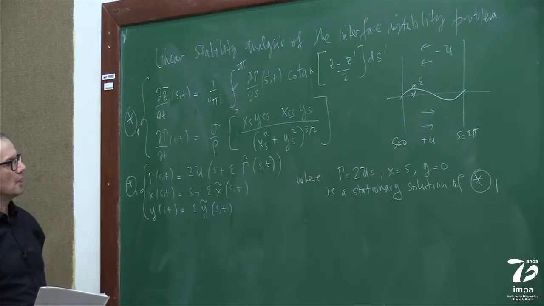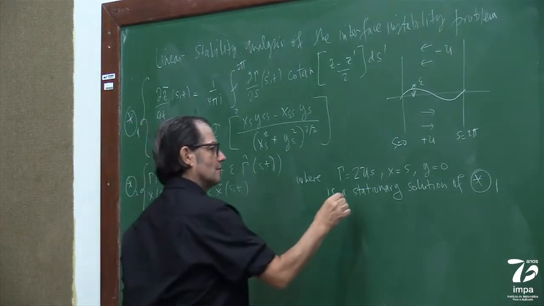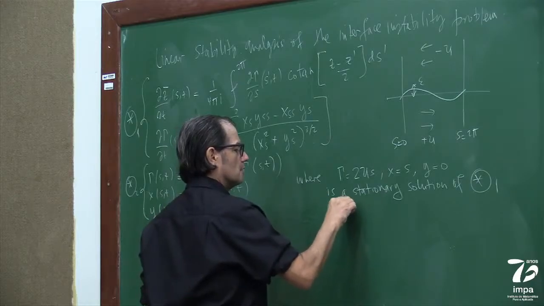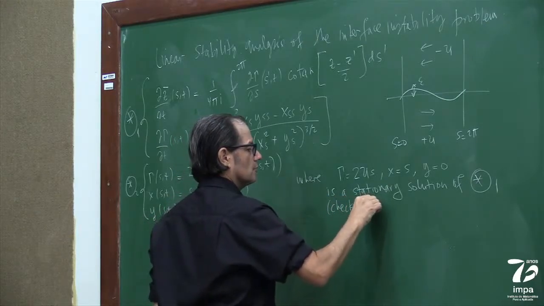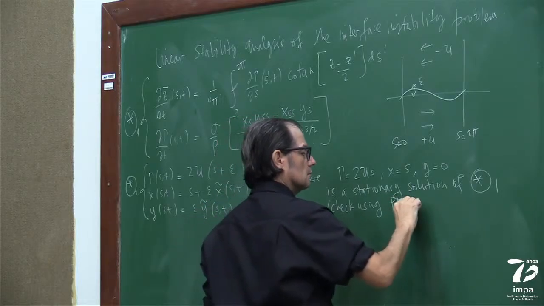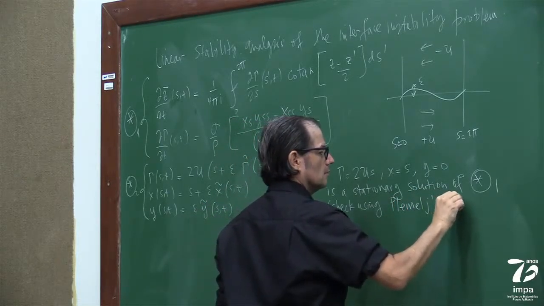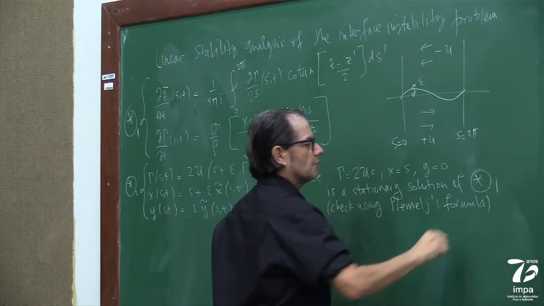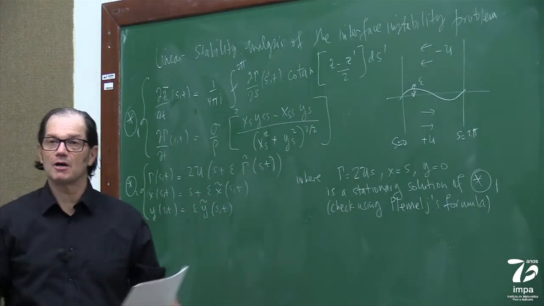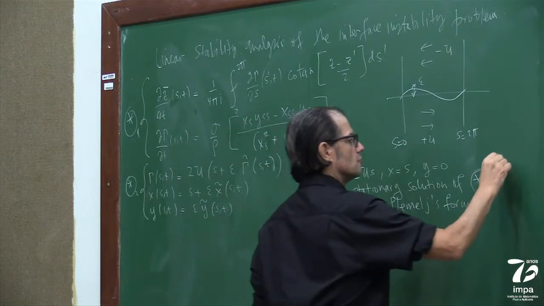It's easy to check if we know Clemelli's formula, right? So check, using the result of Clemelli's theorem of coming from above, coming from below, which tells us the stationary solution is this one.